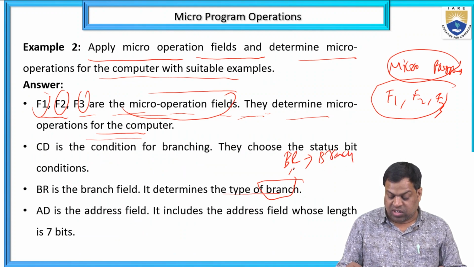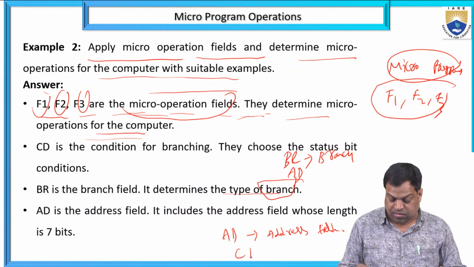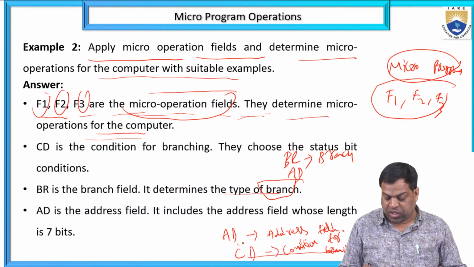And AD is the address field. So CD is the condition branch, AD is the address field, and BR is the branch.